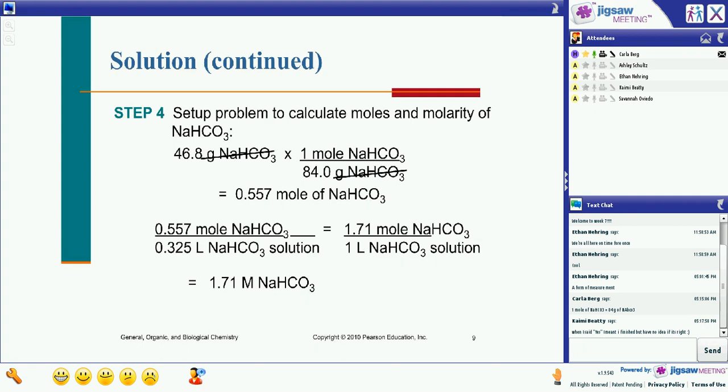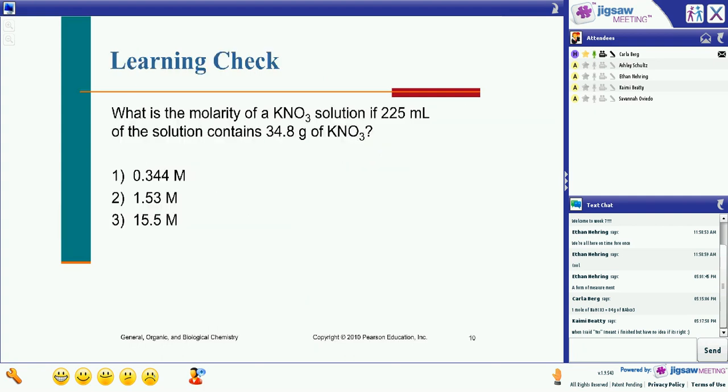Go ahead and answer this quiz for me. Okay, we're going to go ahead and try another one. What is the molarity of KNO3 solution if 225 milliliters of the solution contains 34.8 grams?